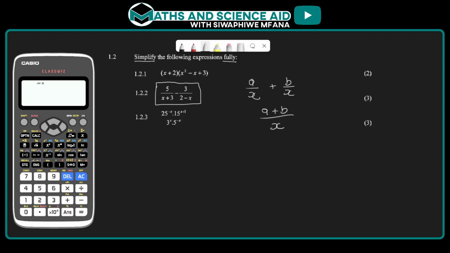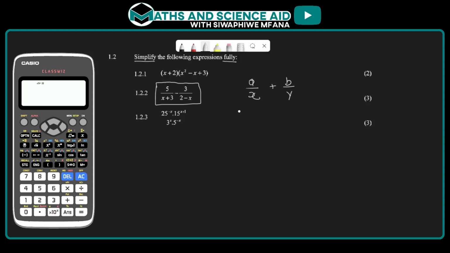But now, there are situations whereby the denominator is not the same. For example, if the denominator for the second fraction is b over y. And so in a case like this, there is a trick that you can do in order to make these denominators look the same, so that you have a lowest common denominator.